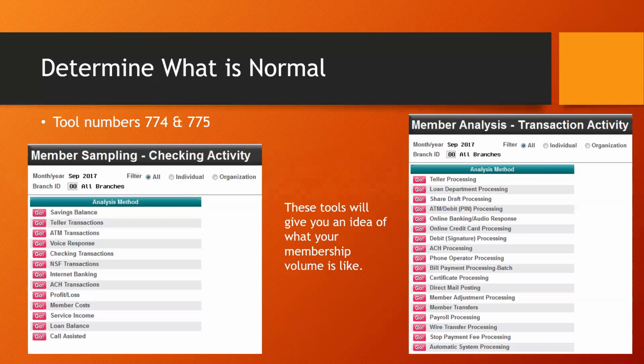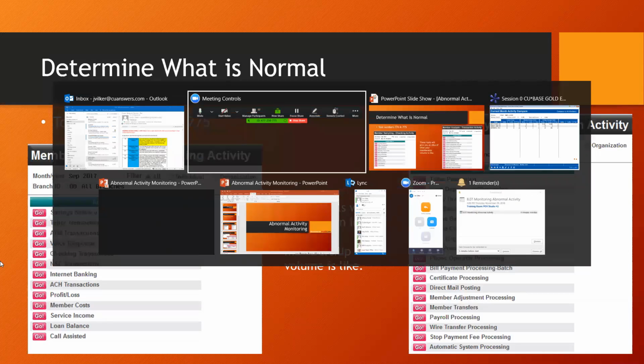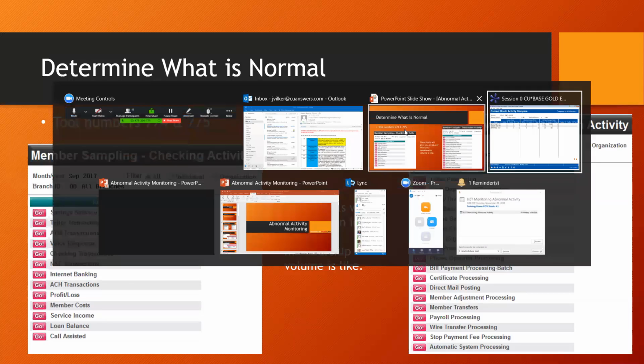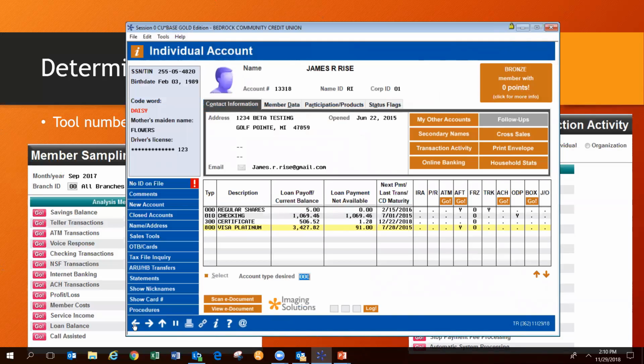Start there. Then, what I would also encourage you to do is go into Gold. And you can do this on any member, but try to get a member that uses you through a lot of different channels.